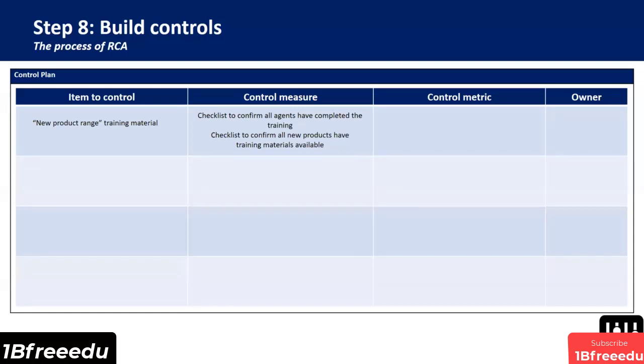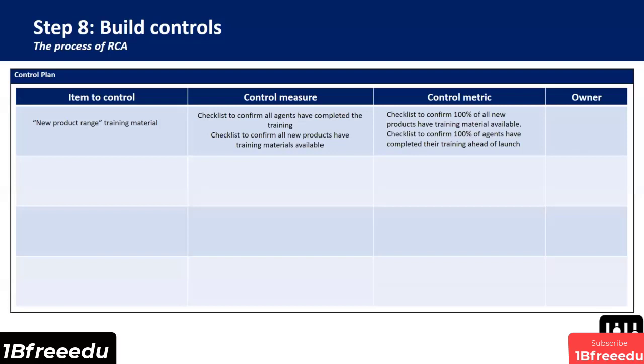So going forward, every time you have a new product, you need to ensure that everything has a checklist attached to that to say, has the training been completed? Has it been built in the first place? Is it available? This enables you then to check that off. So you've built that into that new product range process.